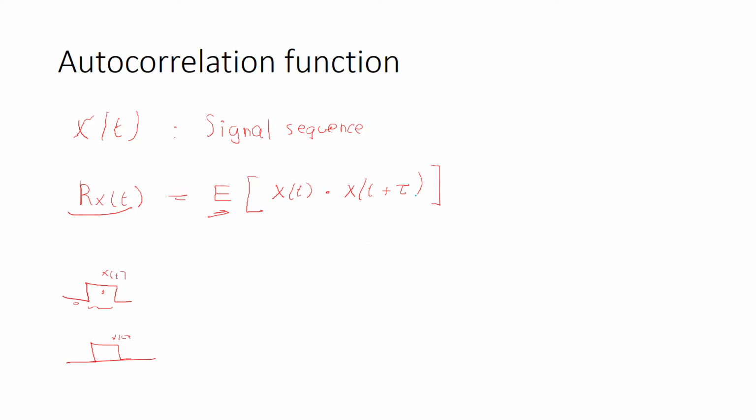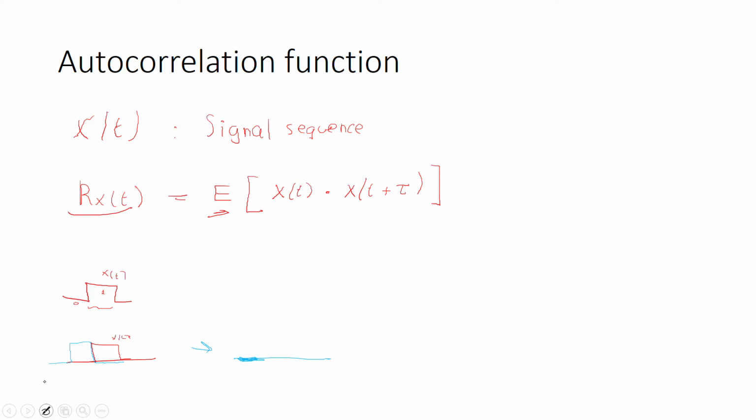Let's say you start like this, and if you multiply both signals, the blue one times the red one, it will give you 0 in this case. So the result will be 0 at this moment.